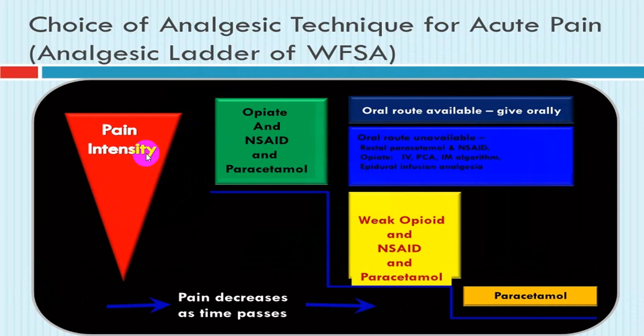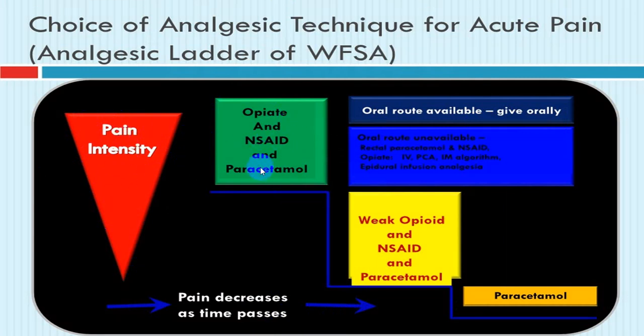You have to think of pain intensity. In acute severe pain, you will require opioid alkaloids. So depending upon that, you will select opioid or non-steroidal or paracetamol. Route you will decide according to the pain intensity and conditions. In say acute MI, giving an oral drug is of no use, you will have to give intramuscular or IV.